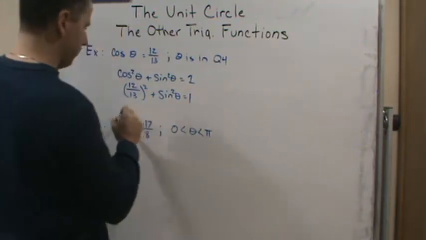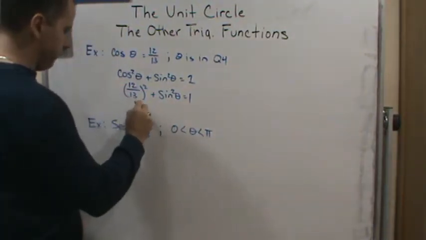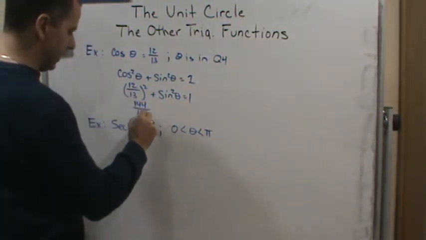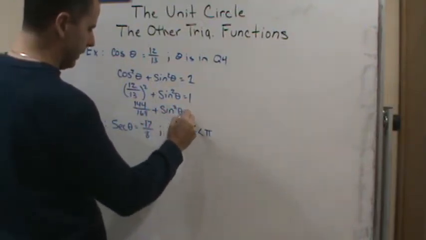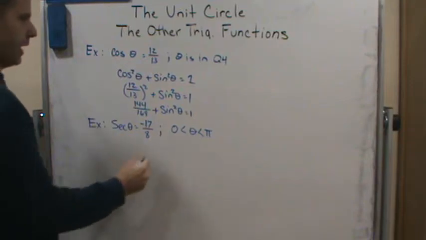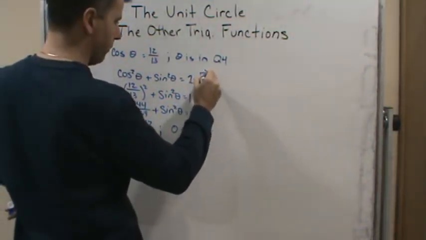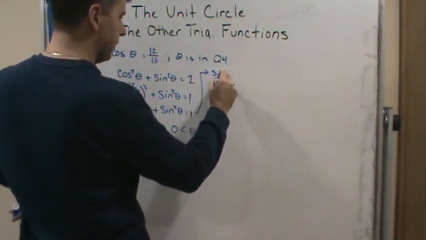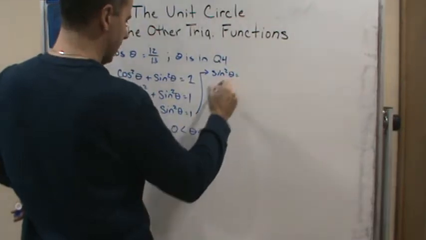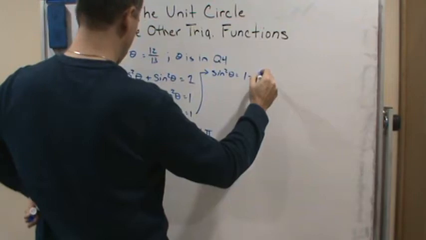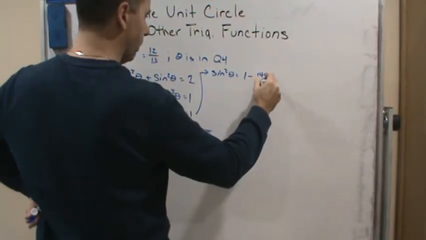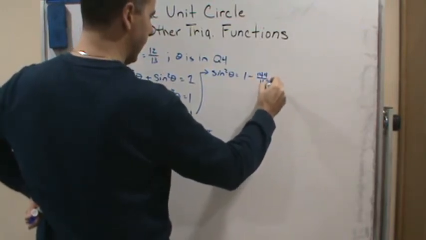Well, what does that give me? That gives me 144/169 plus sine squared theta equals 1. And so now I'm going to solve for sine squared theta. So sine squared theta is going to equal 1 minus 144/169.